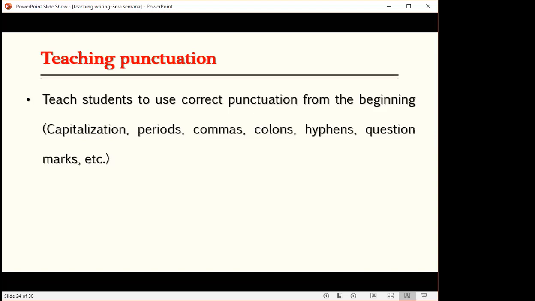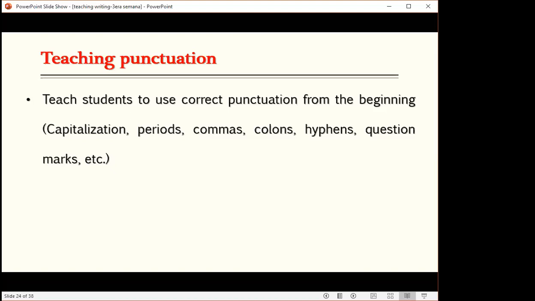For example, there is a big difference between the question marks that we use in our language and the question marks that we use in English. Also the exclamation marks. We use them in English just at the end, but in our language, we use them at the beginning or at the end. So there is a big difference, right?